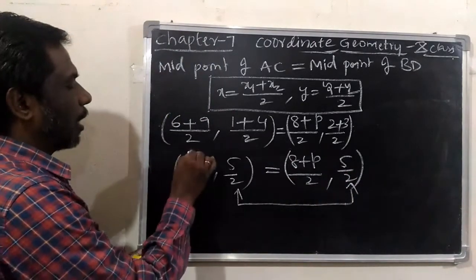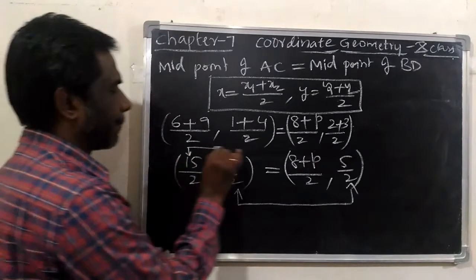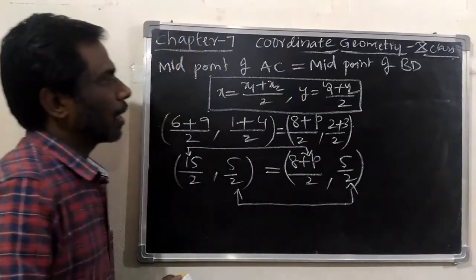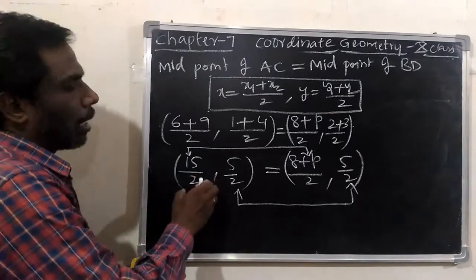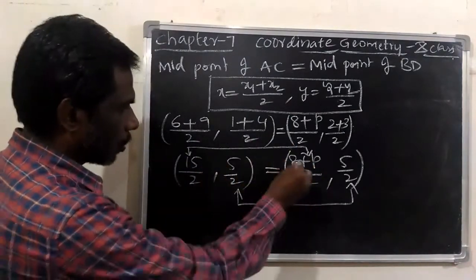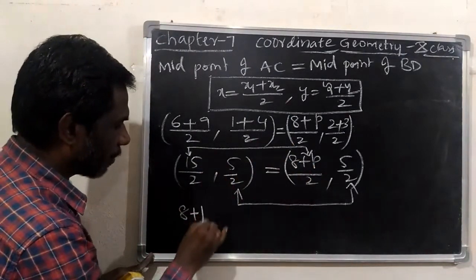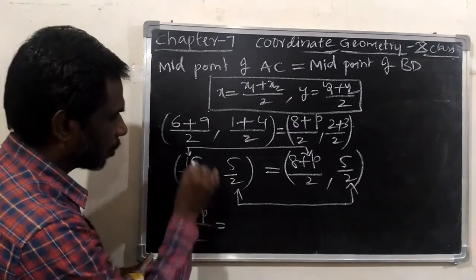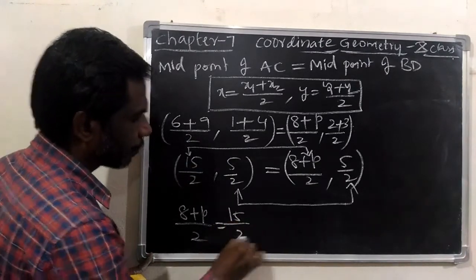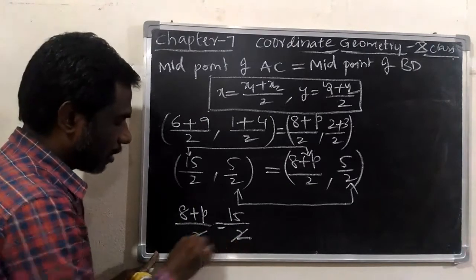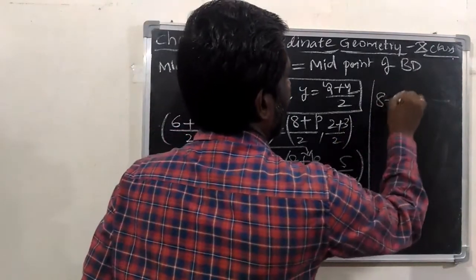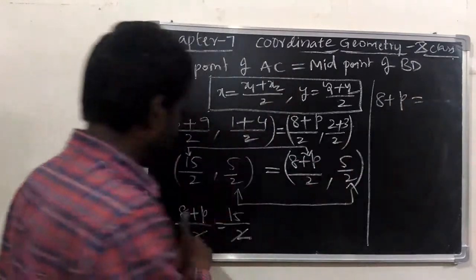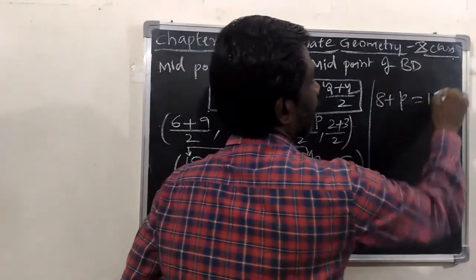And the x coordinate should also be the same, because both the midpoints are equal. That's why now I am equating these two. (8 plus p) by 2 equals 15 by 2. You can cancel the 2s, and what remains is 8 plus p equals 15.